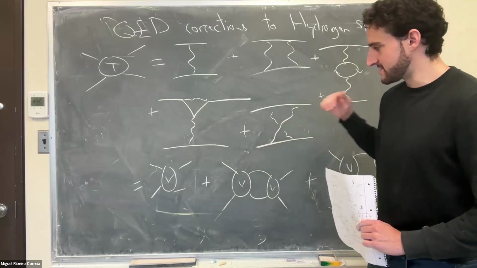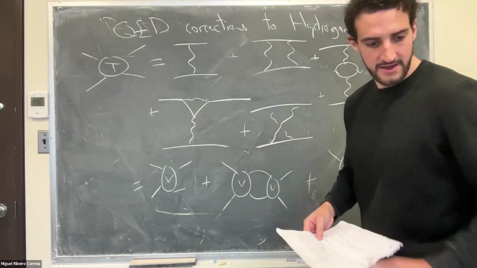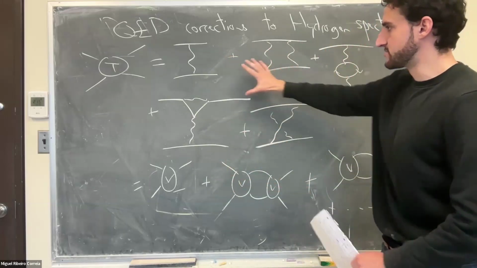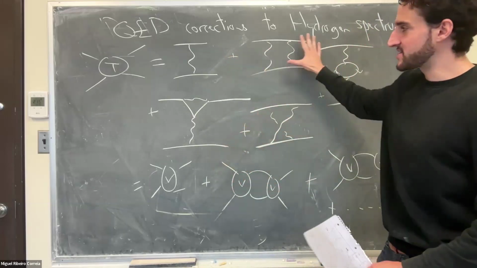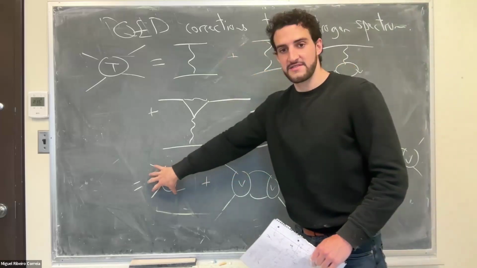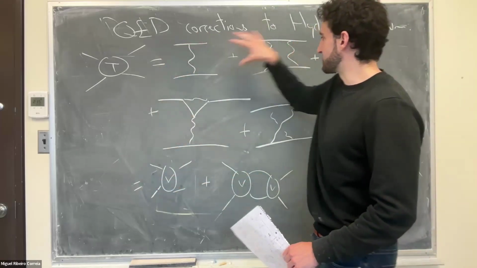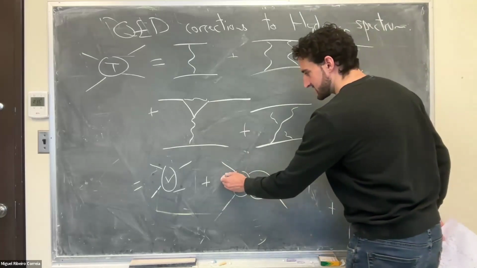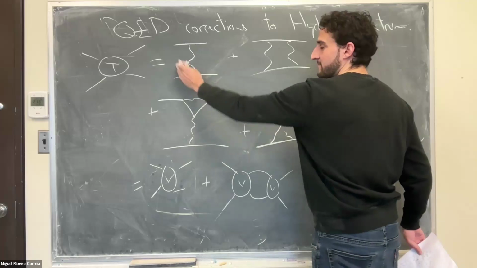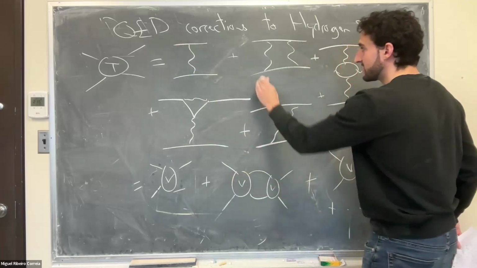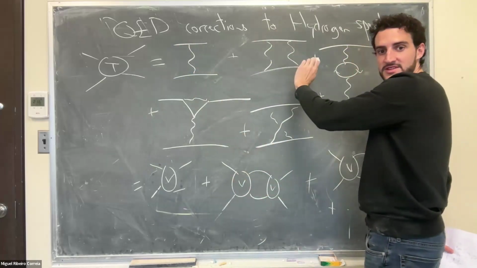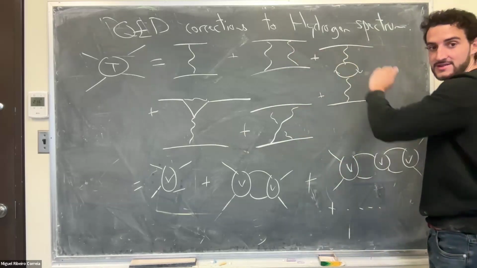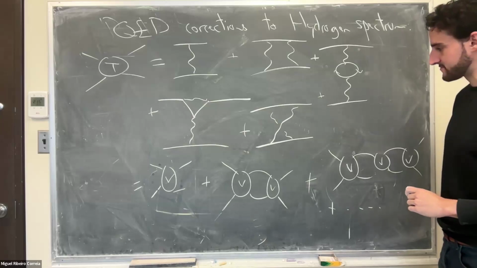And once I make this statement precise, which I don't have time to do here, I can match these two expansions, right? So by matching these two expansions, I can read off this V from this expansion, right? So when I do that, for example, I would say that this V to leading order is given by this, and then this guy will be related to this box diagram. And this triple V would be the ladder diagrams that we described in the hydrogen atom.